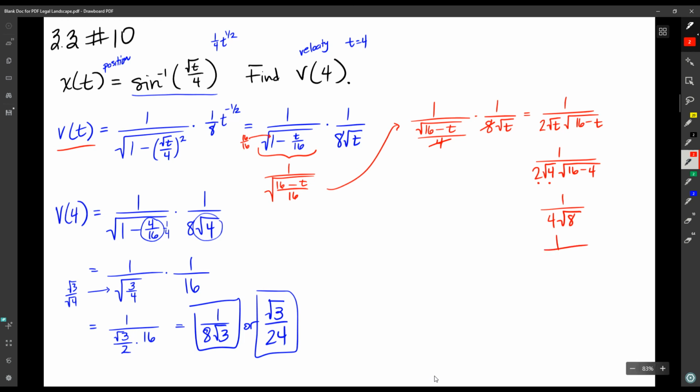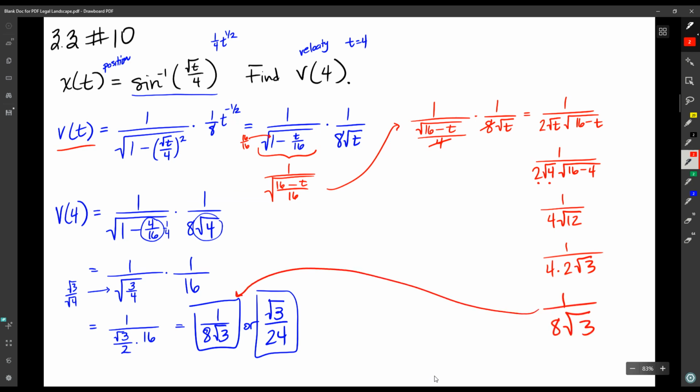So this is 1 over 4 times 2 root 2. And that's a 1 over, oh, that's not 8, that's 12. Let's try that again. Thought that sounded weird. So then that's a 1 over 4 times, this is a 2 root 3, so that's 1 over 8 root 3, and we're back to where we were over here.